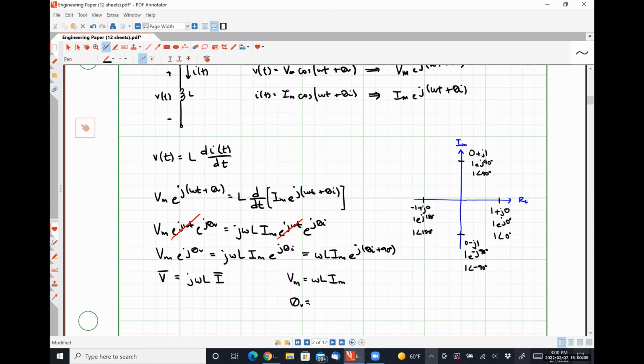And the phase angle of my phasor voltage is theta I plus 90 degrees. So what that means is that the voltage drop across an inductor is always leading the current by exactly 90 degrees. We'll do experiments in a couple of days that will literally prove this.